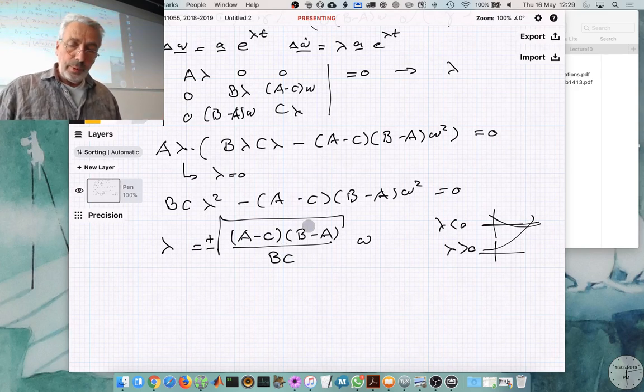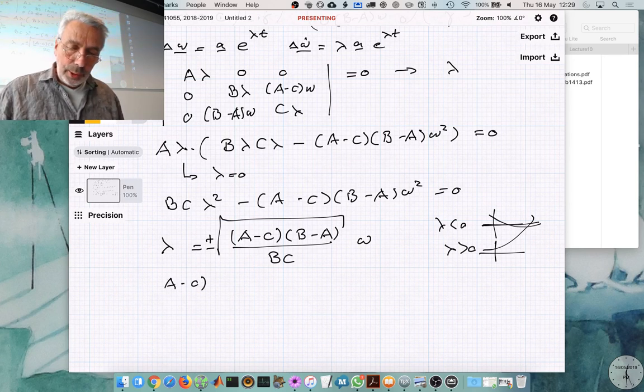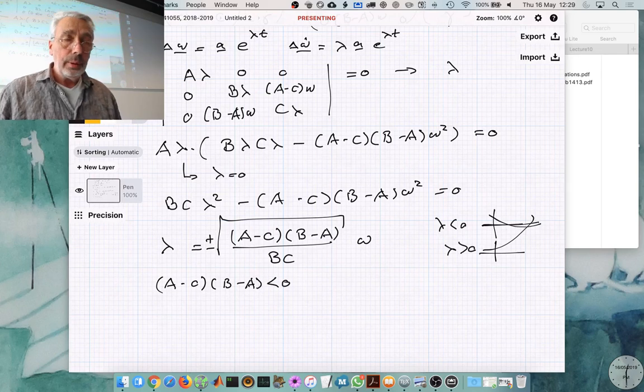And what if this is negative? What solution do we have then? So if a minus c times b minus a is less than 0, we get lambda as plus or minus i omega and then some number, I don't know which number.